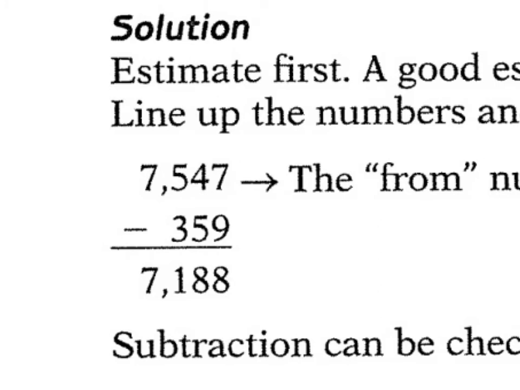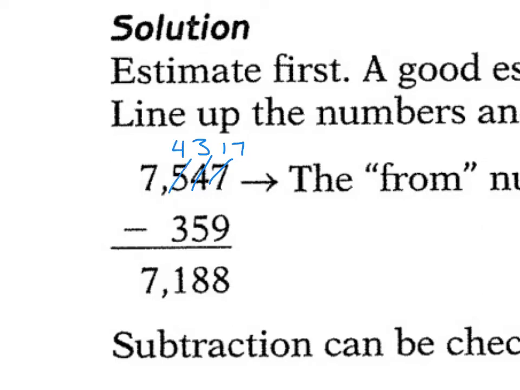If our number on top is smaller when we're subtracting, we're going to need to borrow some from the number before. So we can't subtract 9 from 7. So we would need to change this to a 17. And since we borrowed 10 from the number before, this becomes a 3. And here, our 3 is smaller than the 5, so we would need to borrow more from the number before.